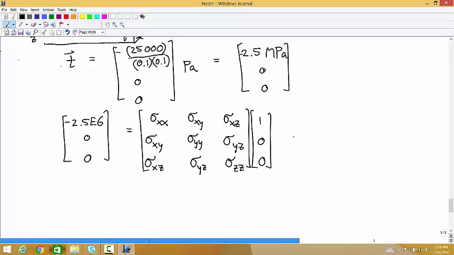And so you get that negative 2.5 times 10 to the 6, 0, 0, is equal to, if you do this matrix multiplication, sigma xx and then 0, 0.